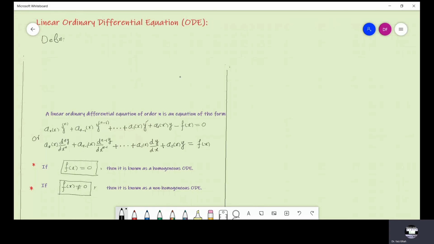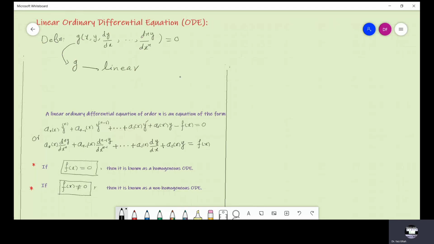We say that an ordinary differential equation g of x, y, dy by dx up to the nth derivative of y with respect to x equal to 0 is a linear ordinary differential equation if the function g is linear in x, y, dy by dx up to d^n y over dx^n.